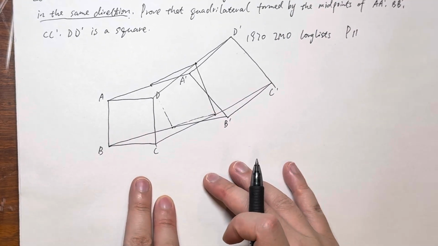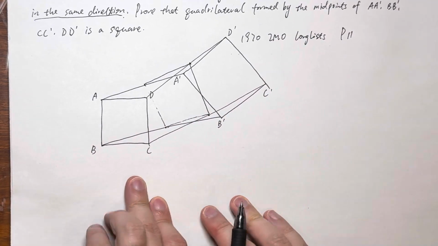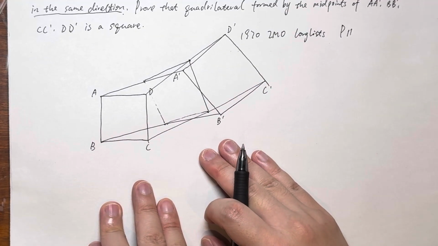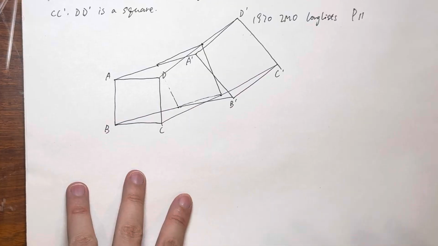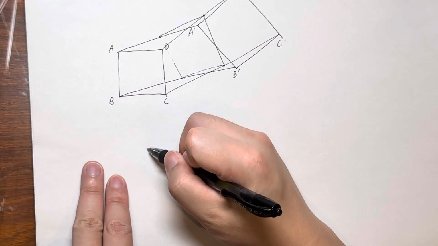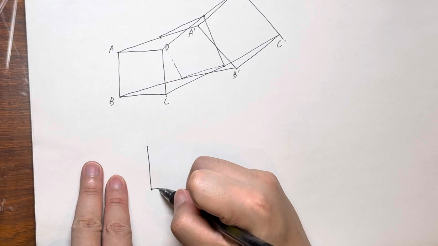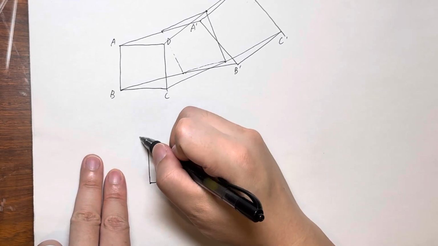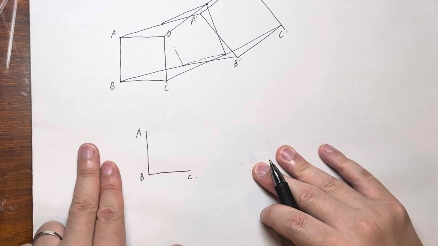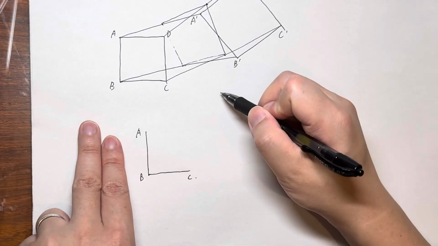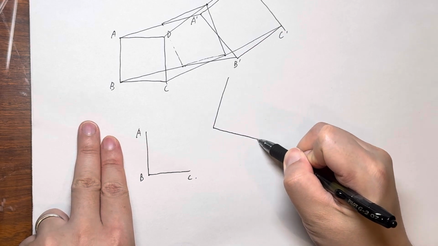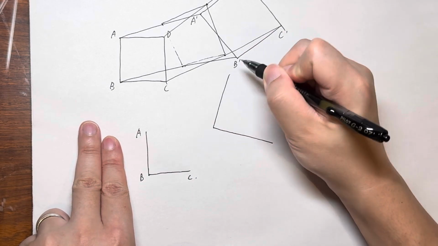It's actually very easy when we learn about geometry transformation, but we didn't learn it yet. So let's just think about the very basic solution of this problem. Actually, the problem comes to this one. So if we have A, B, C here, and we find another set, A prime, B prime, C prime.